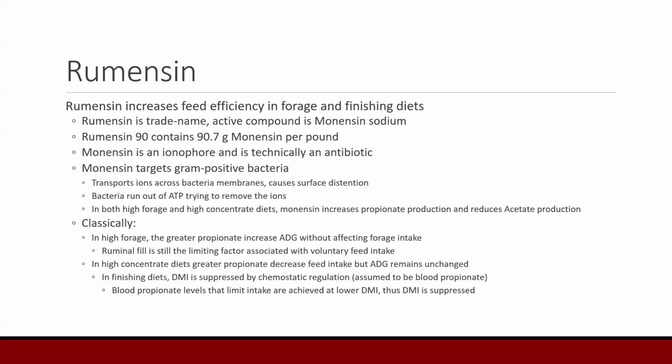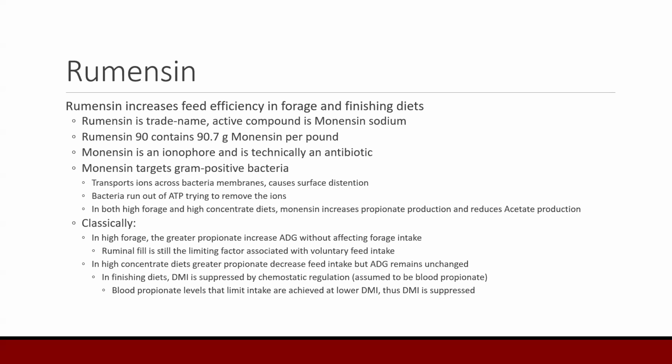These gram-negative bacteria produce more propionate. Gram-positive bacteria produce more acetate. So if we kill gram-positive, we reduce acetate production and increase propionate production. Okay? Propionate is more energetically efficient to the animal.